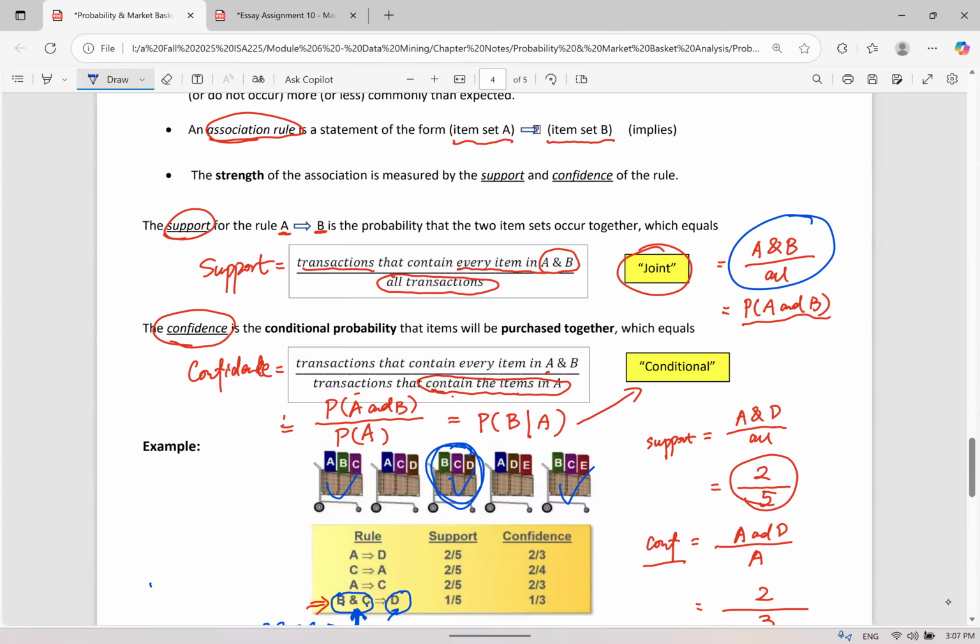But what if A is beef and B is, let's say, apple? What do you think about their association? By our common sense, these two items should not have strong association, right?